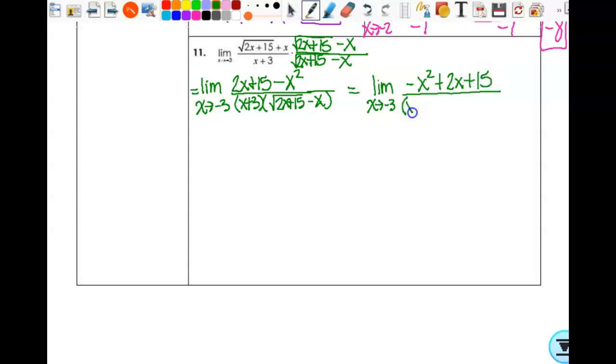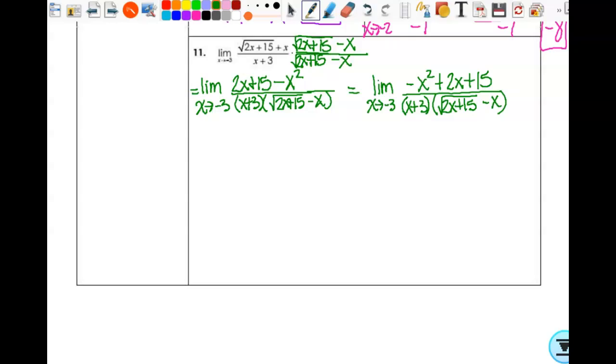Then the denominator is still x plus 3 times the square root of 2x plus 15 minus x. Okay, a lot of writing, a lot of weird looking stuff does not mean that it's difficult, so don't try to make it difficult. All right.